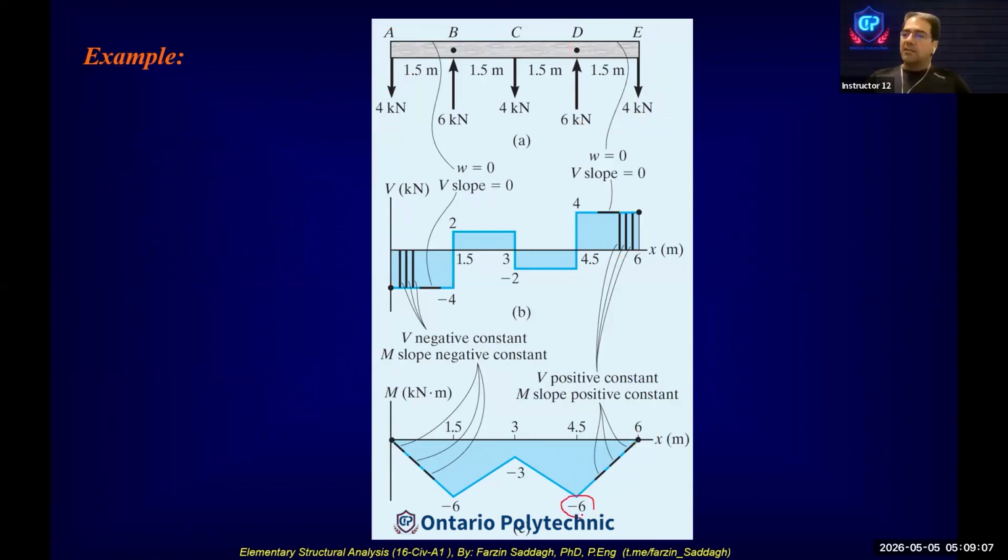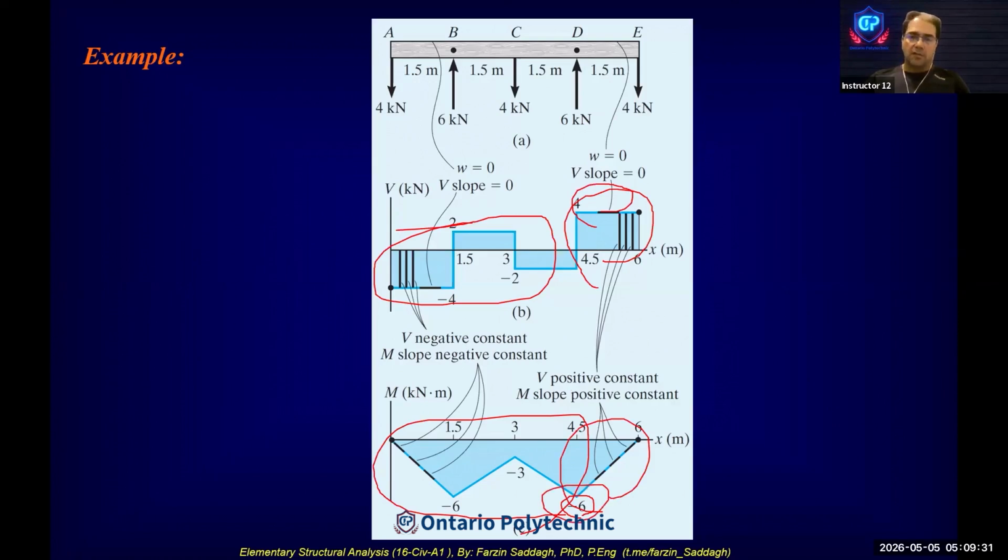This -6 is related to what we had before this point. So what you have before this point affects the diagram after this point. You can't ask why the shear is positive but the moment is negative. We have two different parameters.